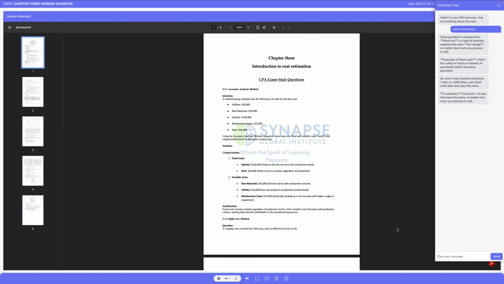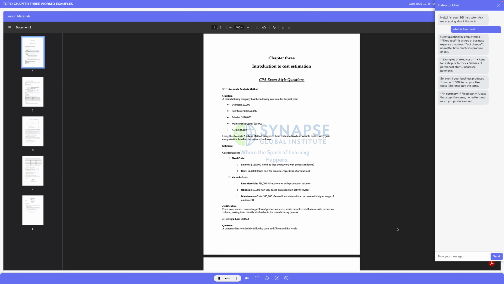Maintenance costs of $15,000 are treated as variable as well, since higher machine usage usually leads to more frequent servicing and repairs. Although in practice maintenance may sometimes have fixed elements, for exam purposes you should follow the logic provided and justify it based on increased usage of equipment.